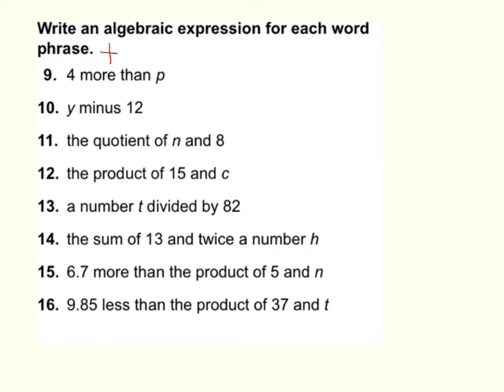So if we say 4 more than P, we're really saying P plus 4, and we just wrote the algebraic expression for the word phrase. Y minus 12 is subtraction, so Y minus 12 is how we'd write that out.